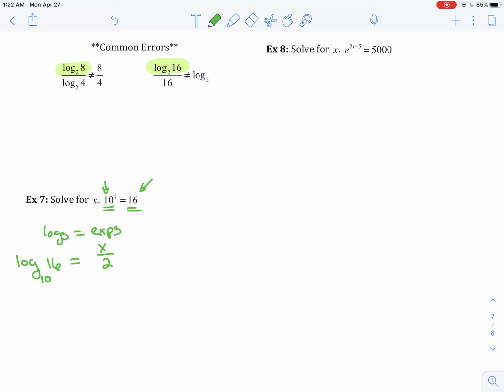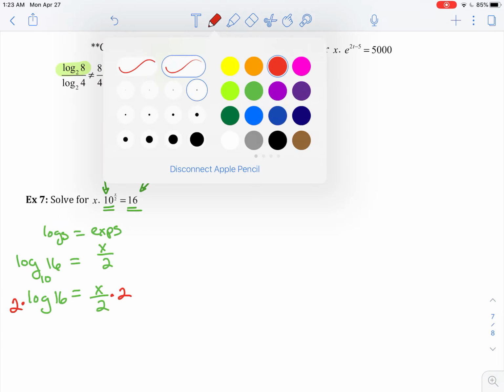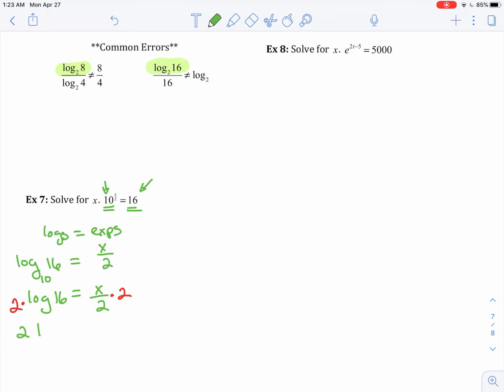Now I did not have to write base 10. Base 10 is always going to be implied if we do not write a base. So we could have just said log of 16, where base 10 is implied. Either one is fine. And we're trying to solve for x, so all we need to do now is multiply and get rid of the 2 and isolate the variable by itself.